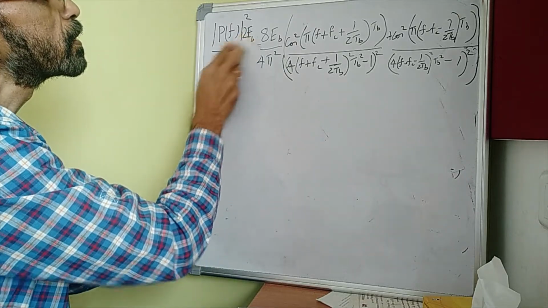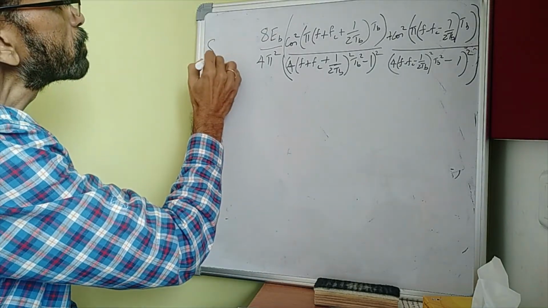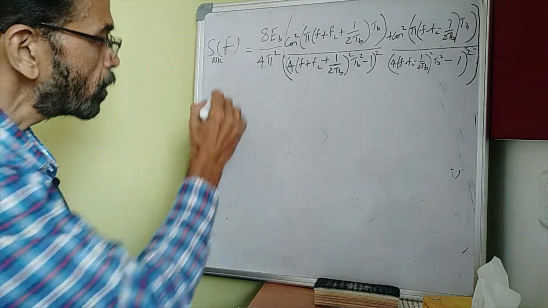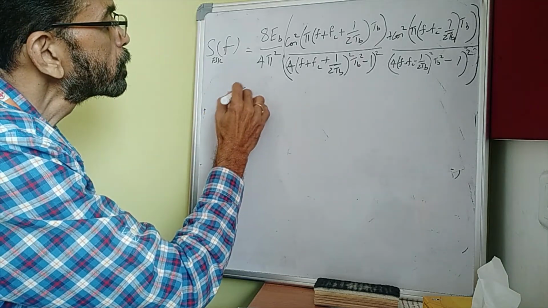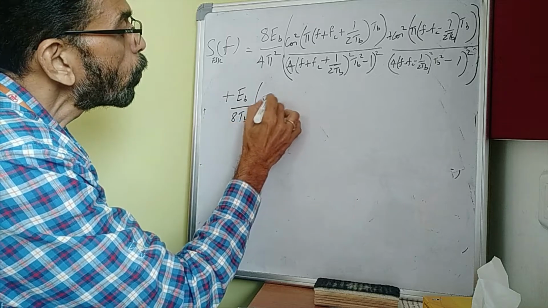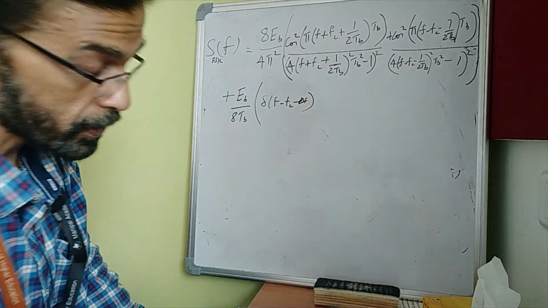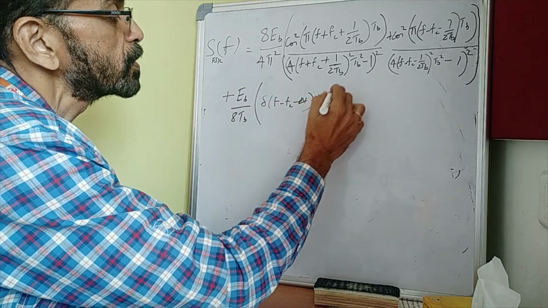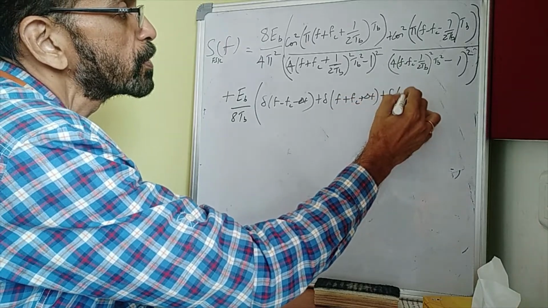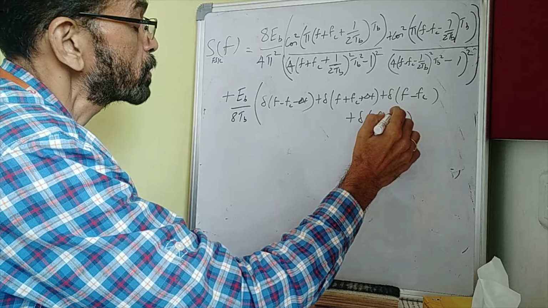So I would say power spectrum of FSK is equal to this plus Eb by 8Tb times impulse centered at fc plus delta f, plus impulse at minus fc minus delta f, plus impulse at fc, plus impulse at minus fc.